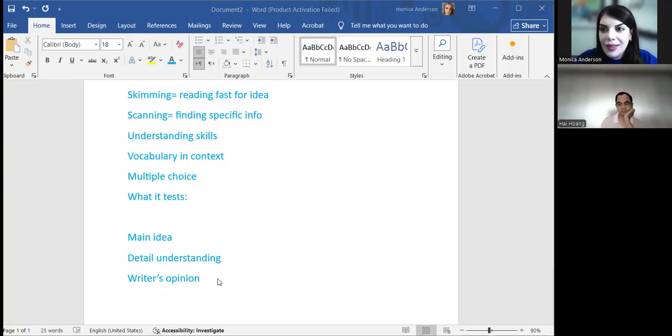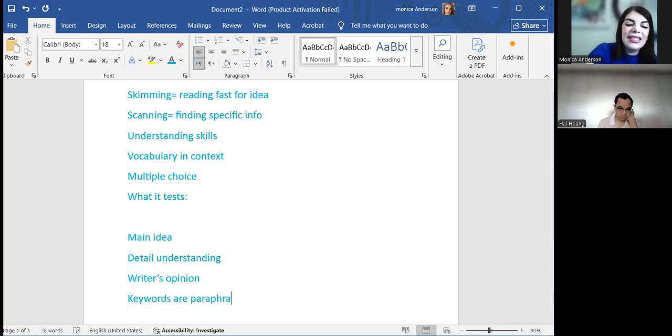As you can see, two answers are really similar. And another one, this one is really important. Keywords are paraphrased. What is this? There is no matching word, similar word, just paraphrase. You need to understand. This is the first one.